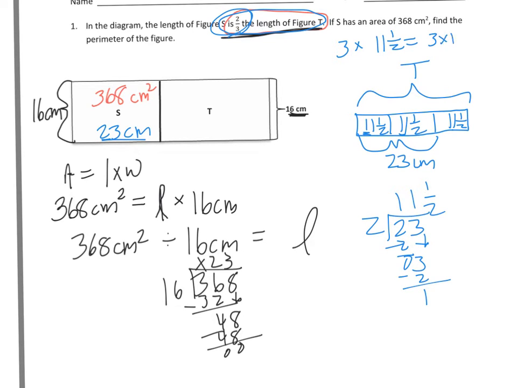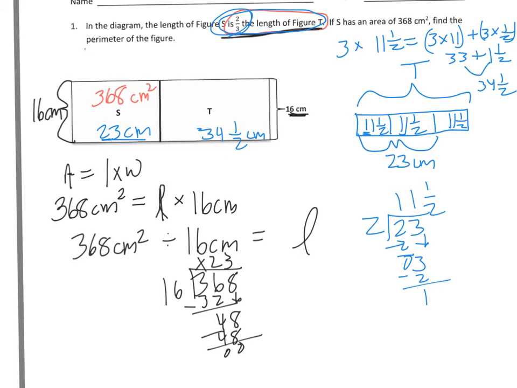So 3 times 11 plus 3 times a half. So I'll get 33, and then I'm going to add in 3 times a half is going to give me 1.5. So 3 halves is 1.5. So that gets me 34.5. And that's going to be centimeters. So I found the length of T.